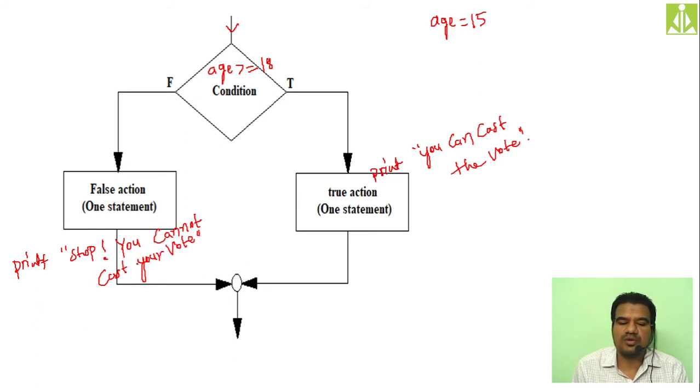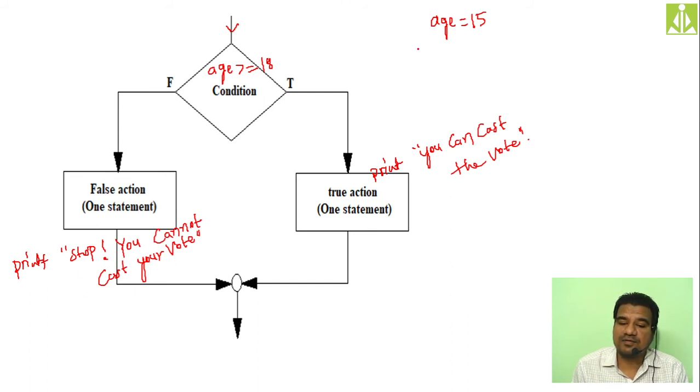Like this we can put one warning message. Hope you understood. So whenever the condition is true, the control is moving in the true path, and it is giving a positive message to the person. And whenever the person's age is below 18 years, the control is moving in the false path, and it is giving a warning message.